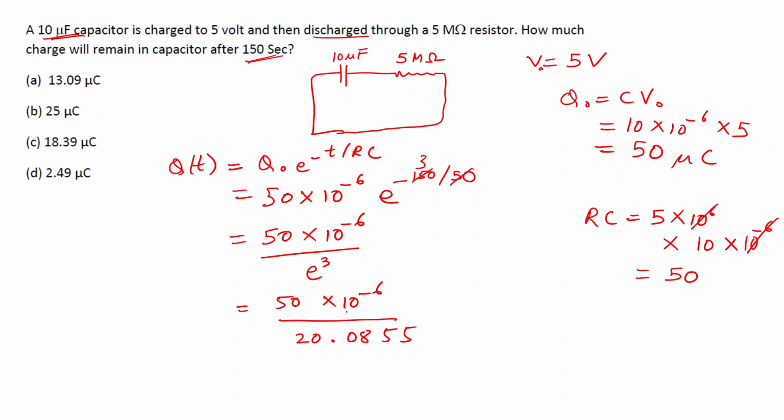So 50 divided by 20.0855 will be 2.4894, and this is in microcoulomb. So the charge remaining after 150 seconds in this particular circuit will be 2.49 if we round off to the second decimal digit, that is 2.49 microcoulomb. So the correct answer is option D.